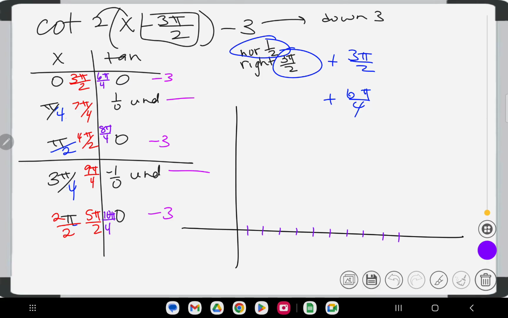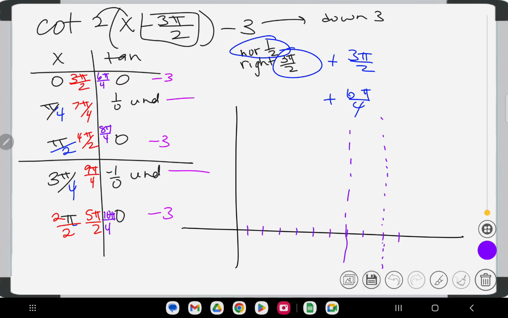So we are undefined at 7 pi over 4. So 1, 2, 3, 4, 5, 6, 7. And at 9. And I feel like a lot more in between. That's not right where I wanted it.